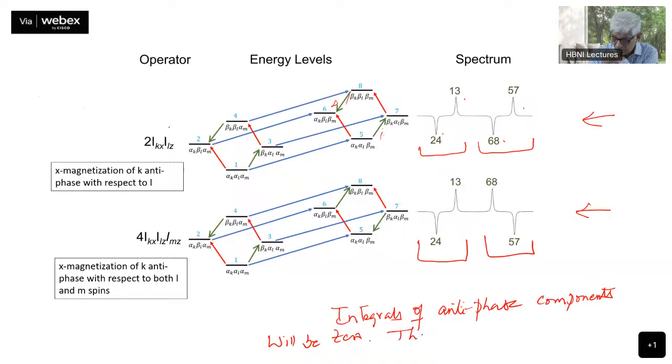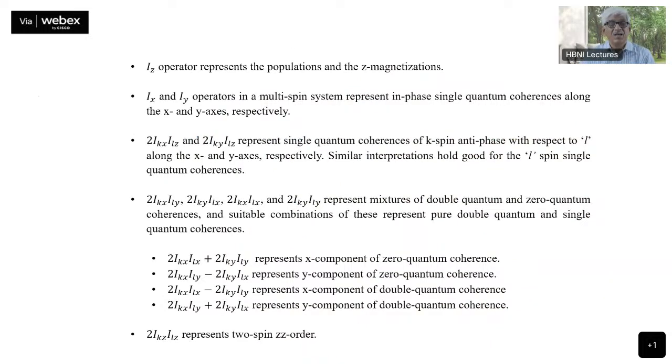These terms are non-observable. They will eventually evolve during the T2 period of our measurement into observable magnetization. Then you will see that ultimately, when you do that, they will appear in this format, this sort of spectral features. Now this is a summary of all of that.